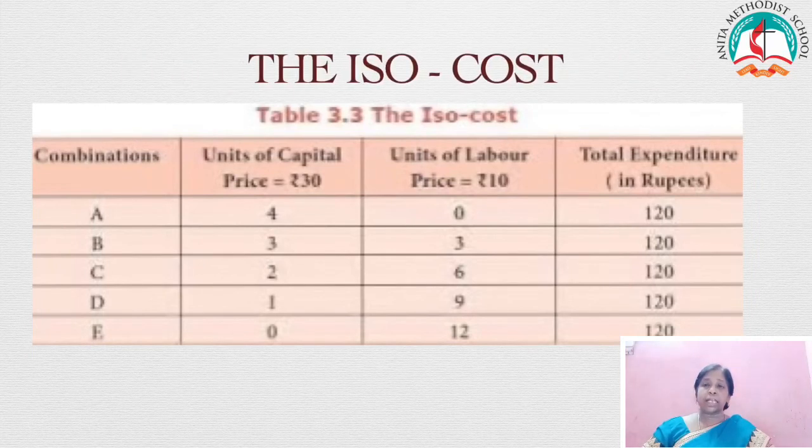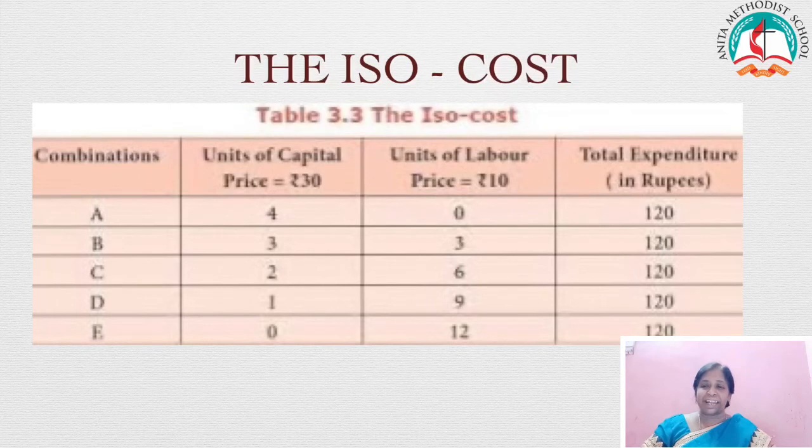Children, the next one is the iso cost schedule. Suppose the producer has a total budget of rupees 120, and for producing a level of output he has to spend this amount on two inputs, say capital and labor. The price of capital is rupees 30 and of labor is rupees 10. The iso cost curve can be drawn using the following hypothetical table.